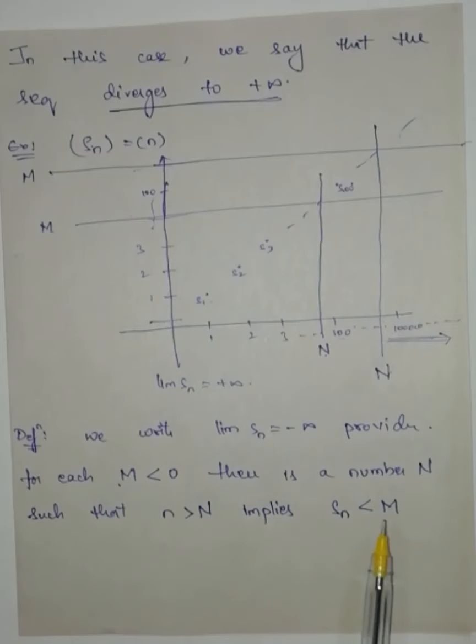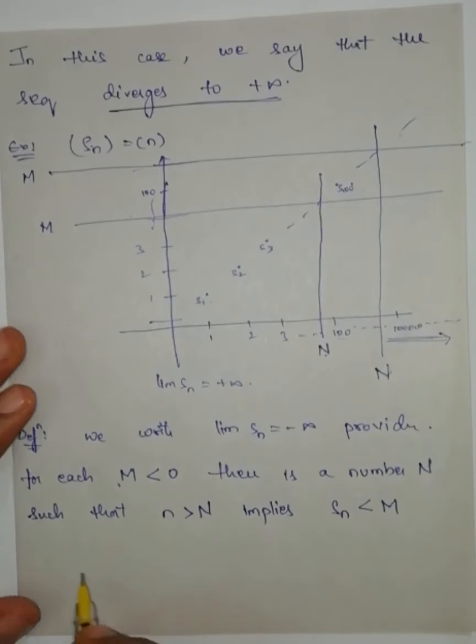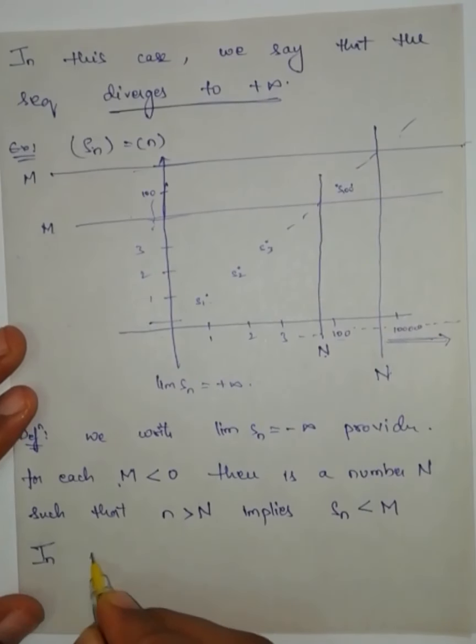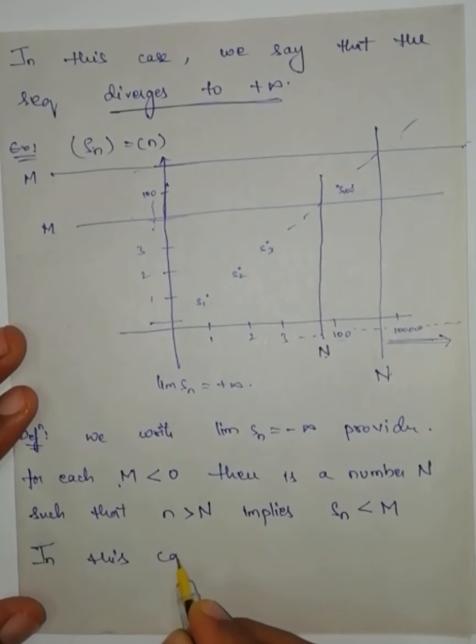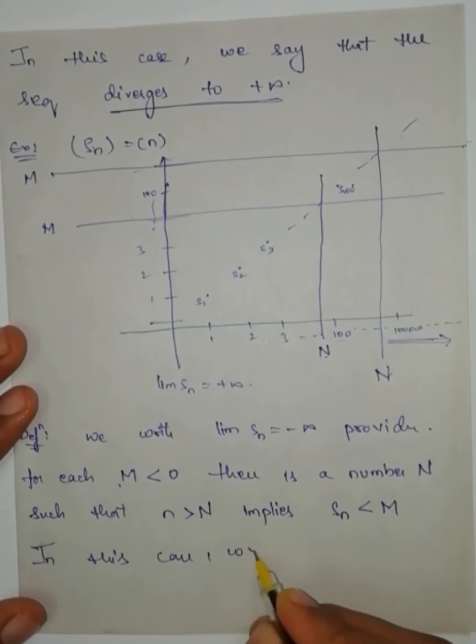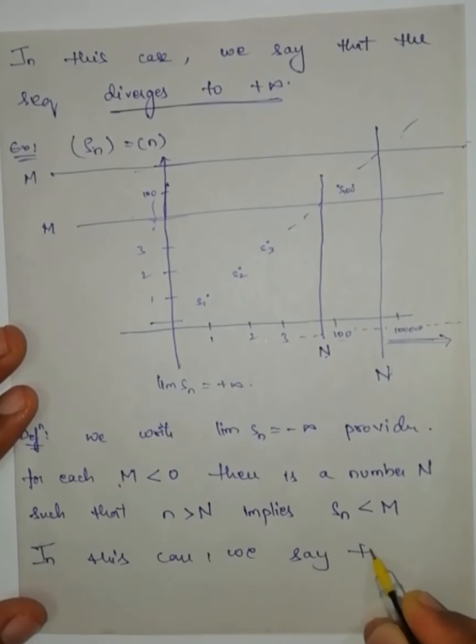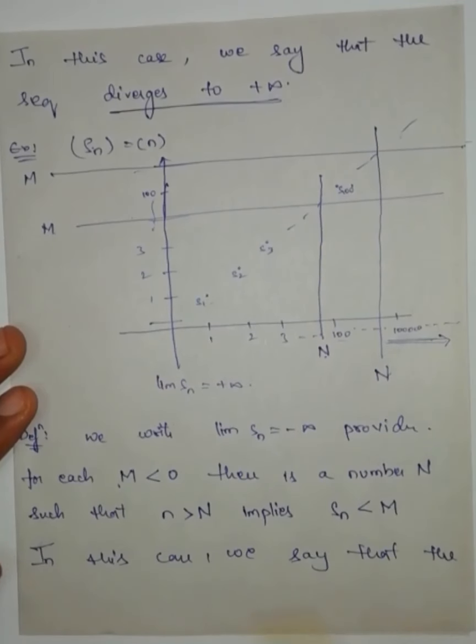If I take again a much smaller number, there exists an N such that after that N, every term is less than that number. Then I say that the limit diverges to minus infinity. Don't get confused between diverges to plus infinity and diverges to minus infinity.